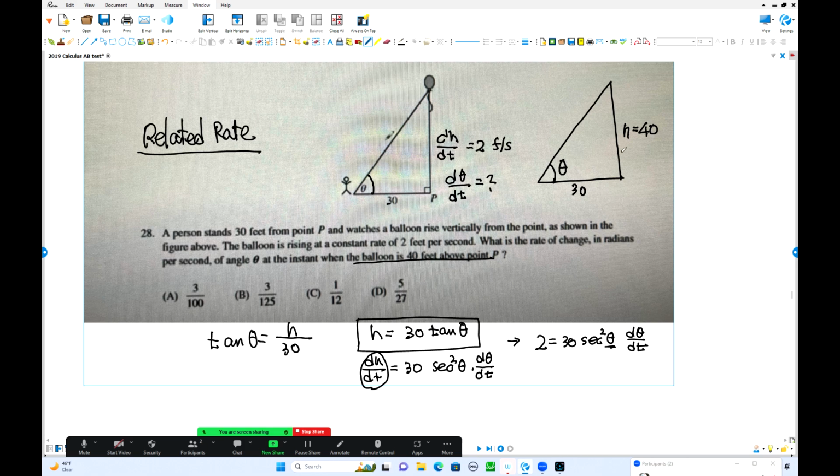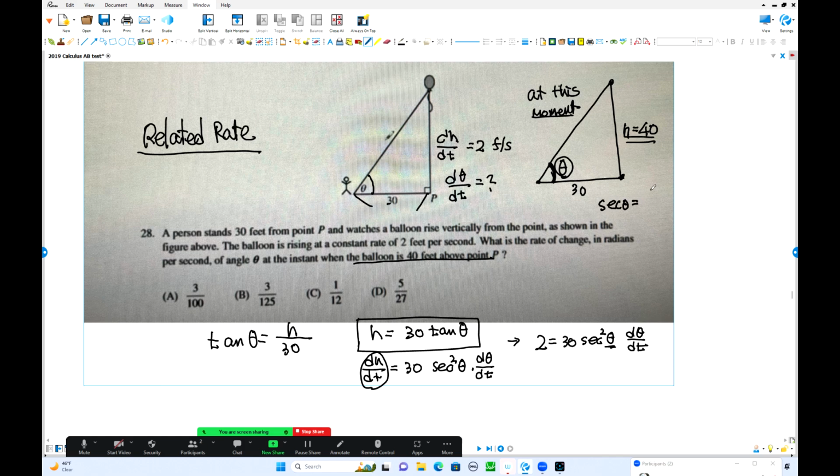So at this moment, what is the measure of this angle? At this time we have a fixed angle, but we need to find secant theta.